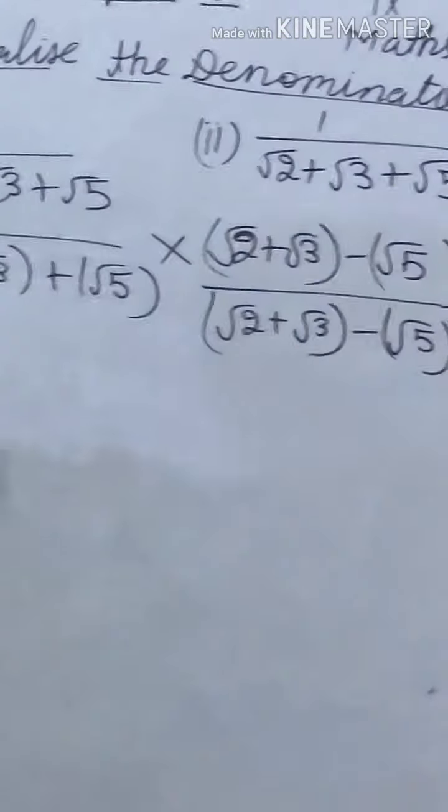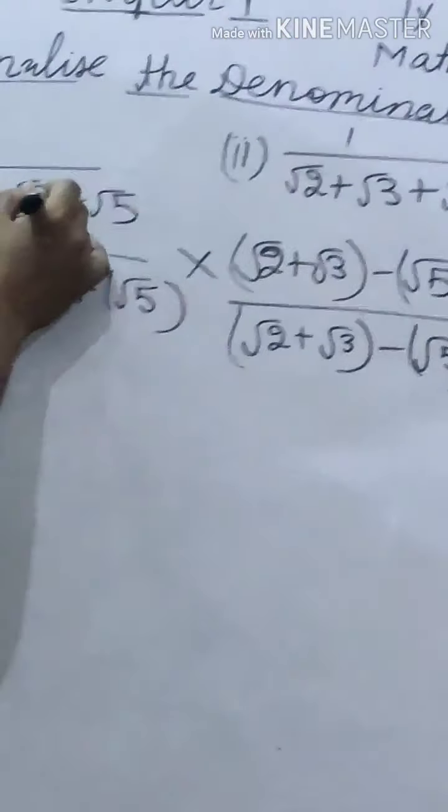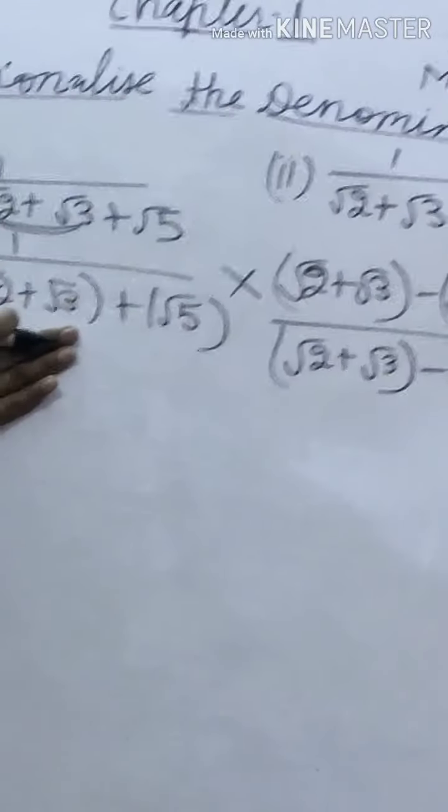So my dear friends, only one step you have to learn. If three terms are there, what you will do? You take 2 in a bracket, it is a, it is b. So a plus b, a minus b, simple as we have done in the last sum. So root 2 plus root 3 minus root 5 into 1 as it is.